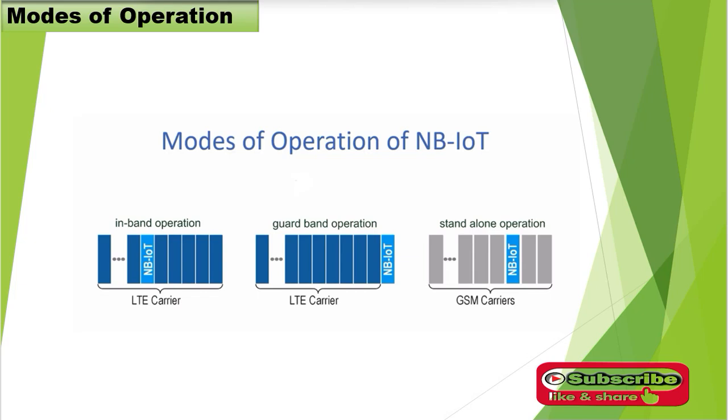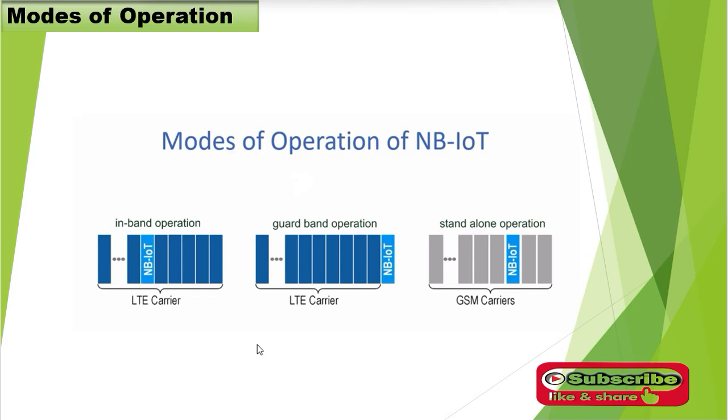Okay, these resources can be the operator's spectrum fragments with non-standard bandwidth, or we can say spectrum freed from other radio access technologies by refarming. Okay, and if we talk about LTE guardband deployment, the middle one. In guardband deployment scenario, operators deploy NB-IoT in guardbands within existing LTE spectrum resources.